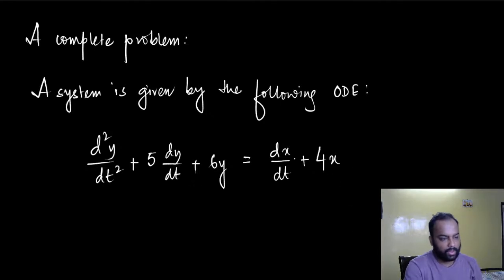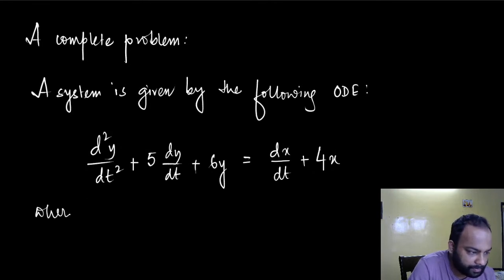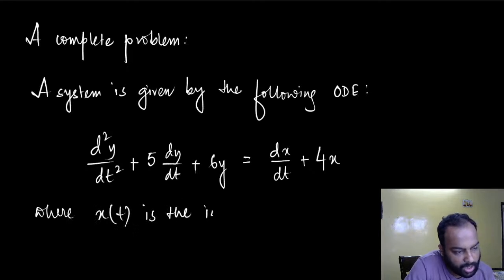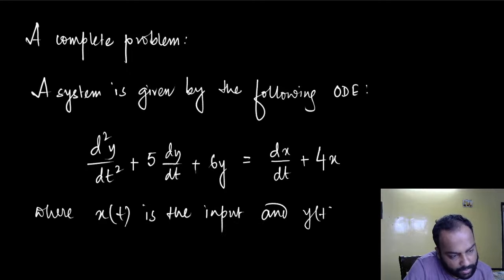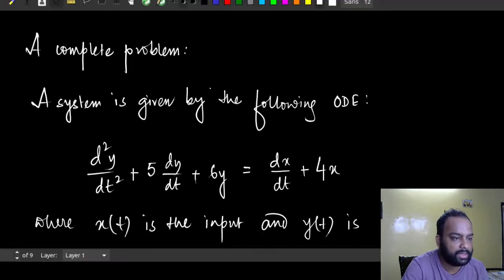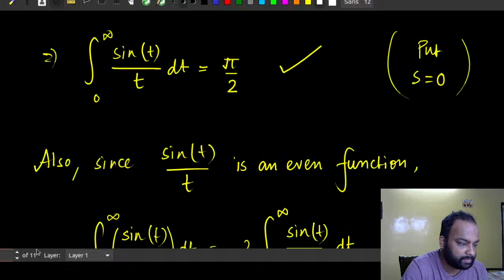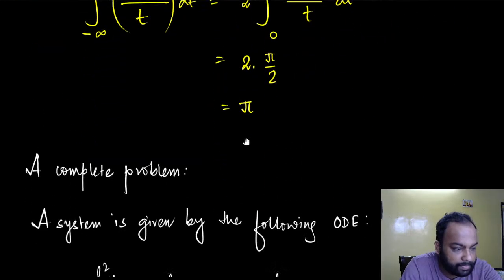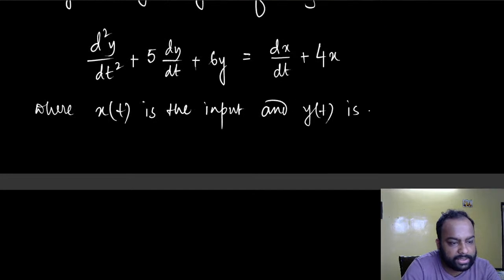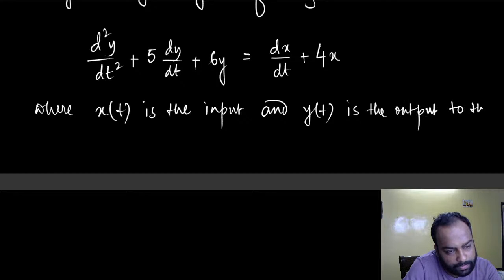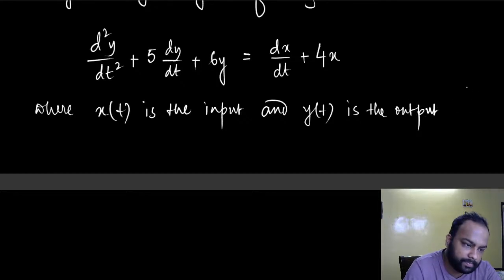Where x(t) is the input and y(t) is the output of the system.